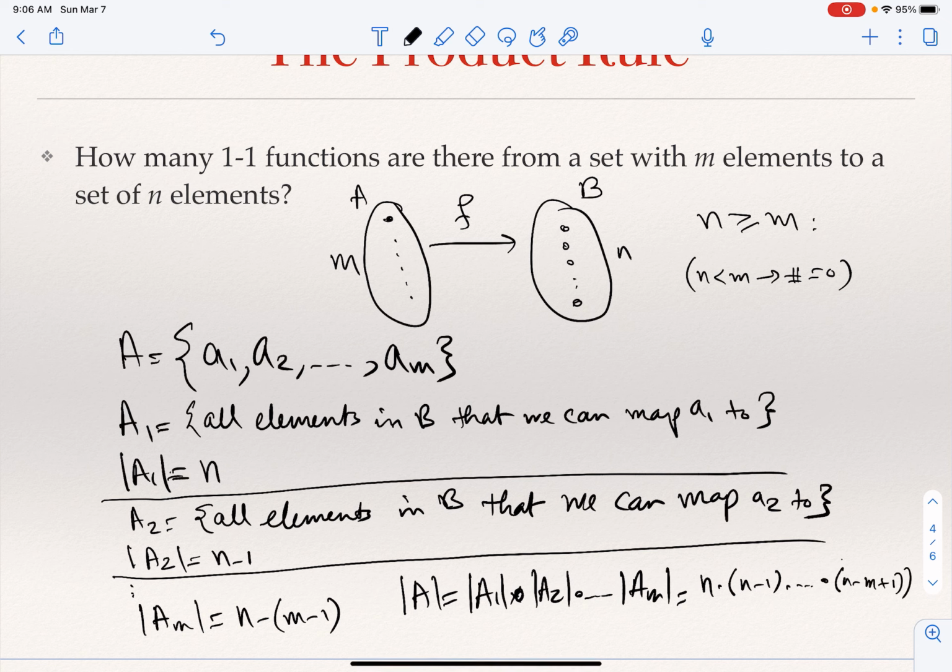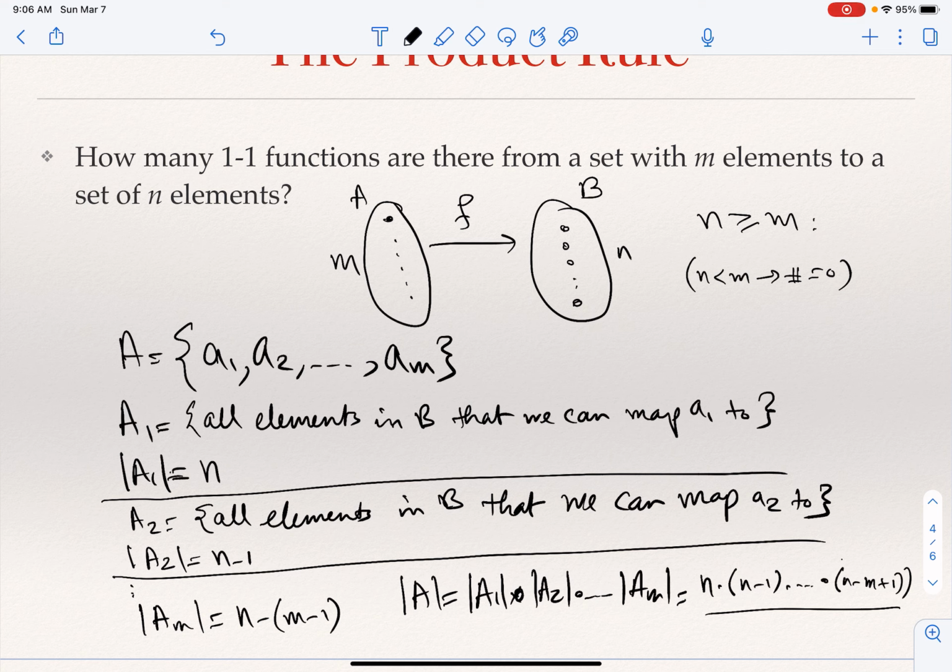So this would be the number of one-to-one functions from a set of size m to a set of size n. Okay. Again, it's very important here to notice how we are taking a task, which is counting the number of one-to-one functions from set A to set B.